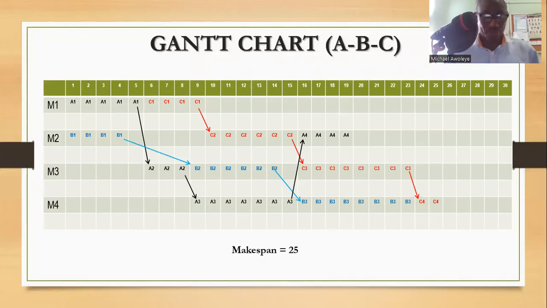Okay, we'll move on. So the third operation, A3 on the same job A, is going to be on machine 4 for 7 days. A3 on machine 4 for the next 7 days. We count 1, 2, 3, 4, 5, 6, 7. There you go. And then the last operation, A4, is going to be on machine 2 for the next 4 days.